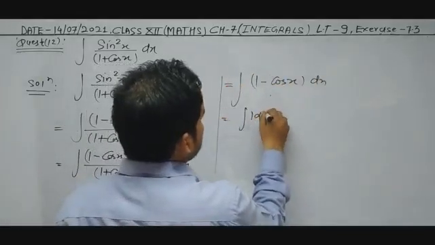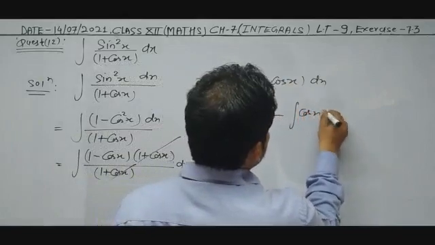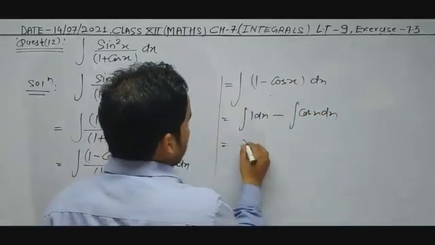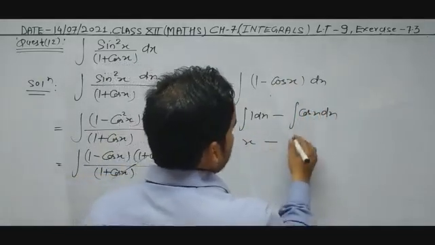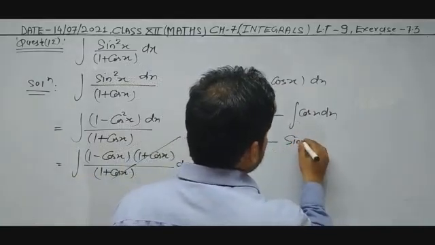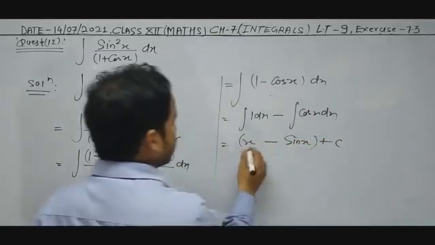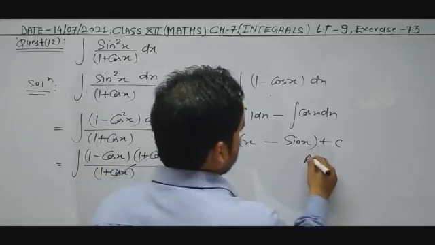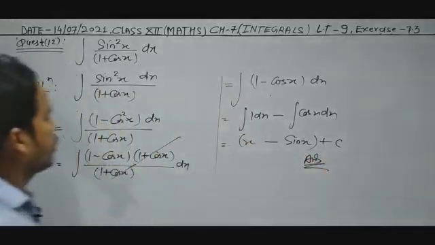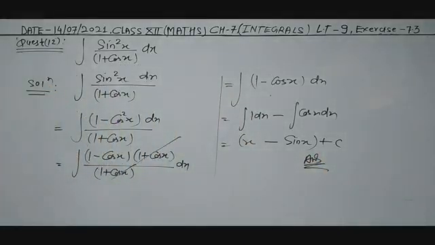So integration over 1 dx minus integration over cos x dx, and 1 dx integration you know is x, and cos x integration you know that is sin x, and now the constant of integration that is plus c. So x minus sin x is the answer of question number 12. Question number 12 is completed.